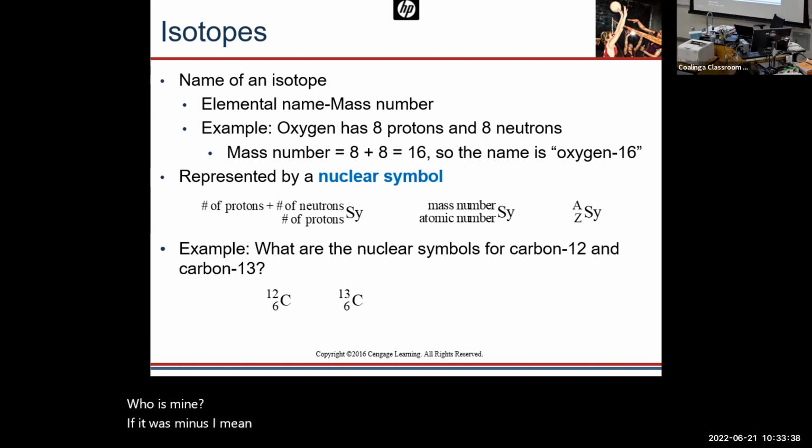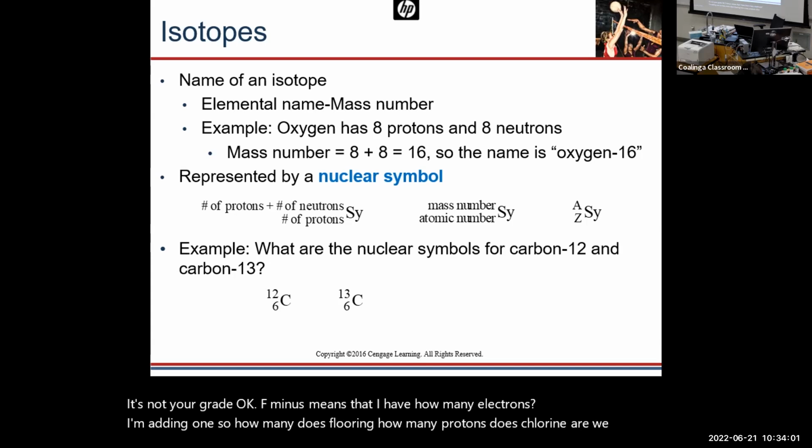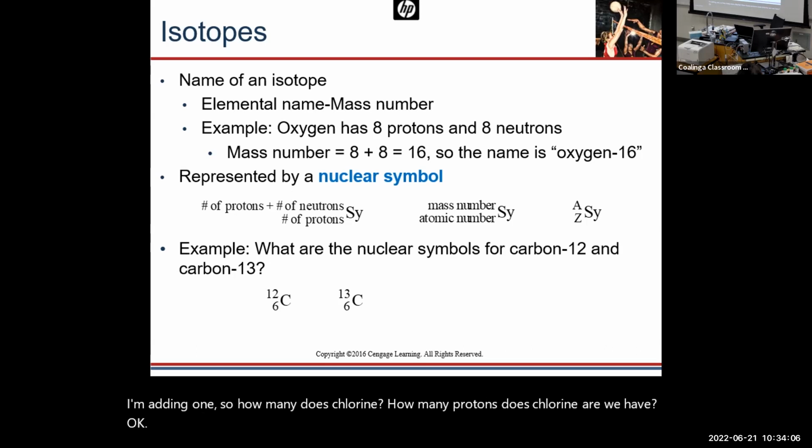Let me give you an example. If I have F minus, that's not your grade. F minus means that I have how many electrons? I'm adding 1. So how many protons does fluorine normally have? 9. So we have 10. That makes sense because electrons are what charge?